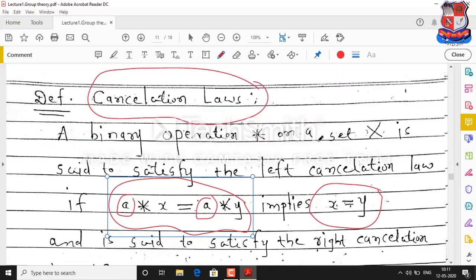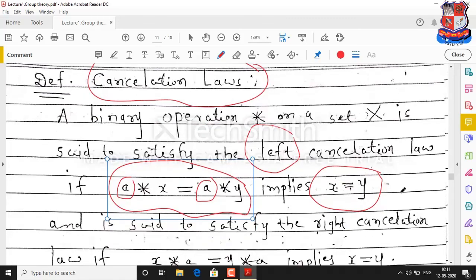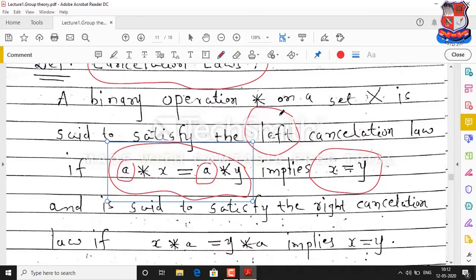So a binary operation star on a set X is said to satisfy the left cancellation law. Left cancellation law means here I am cancelling A from the left hand side. So if A star x equal to A star y implies x equal to y for every x, y belonging to X, then we can say that this operation satisfies the left cancellation law.